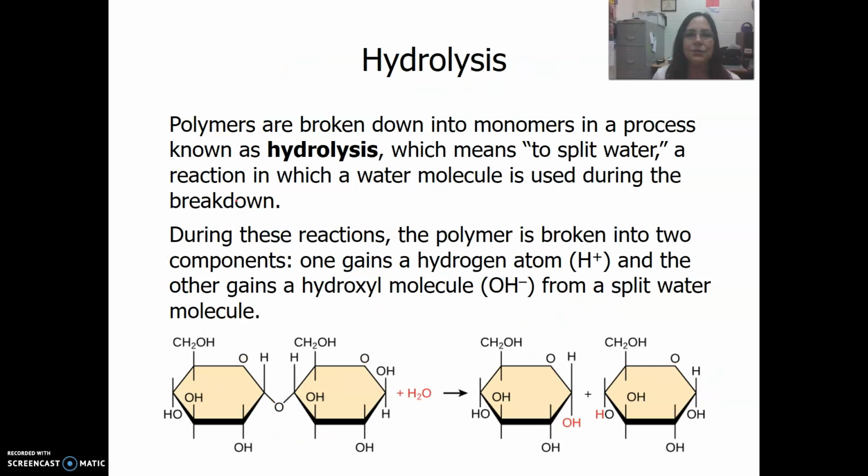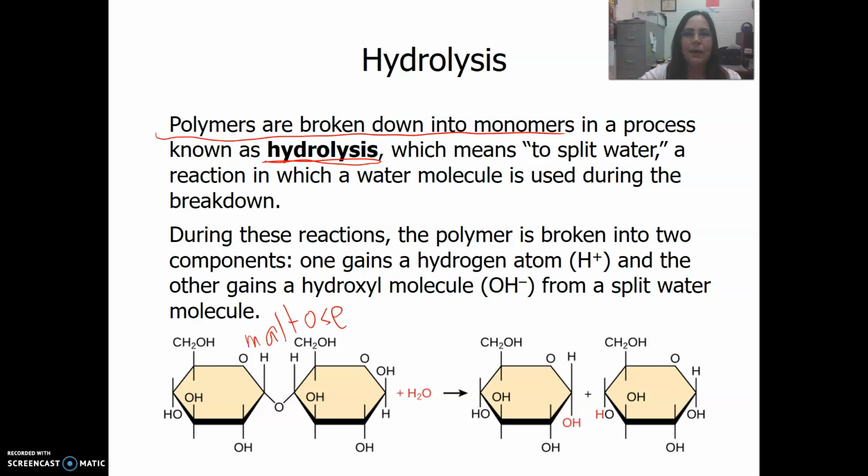This is the synthesis reaction. If you reverse that, it's called hydrolysis. The way that polymers are broken down into monomers is called hydrolysis. So now we've got our maltose or our disaccharide that water is added to.